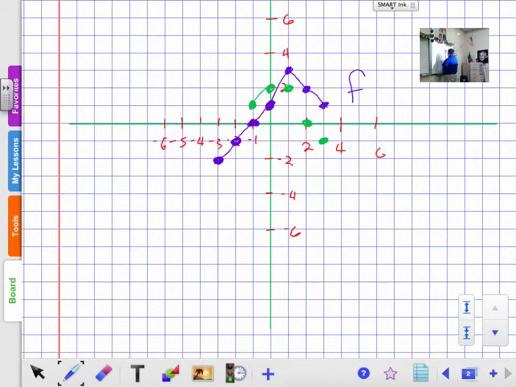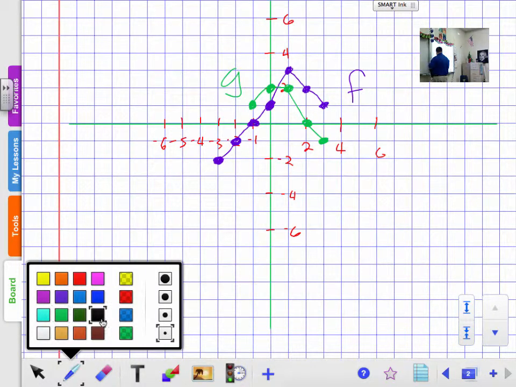And so those are the points, and that's G. And then it says graph F plus G. Okay? So what we want to do is graph F plus G.